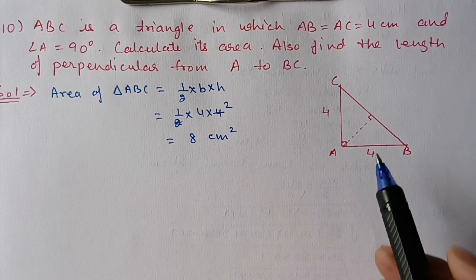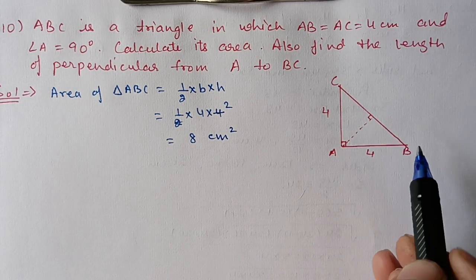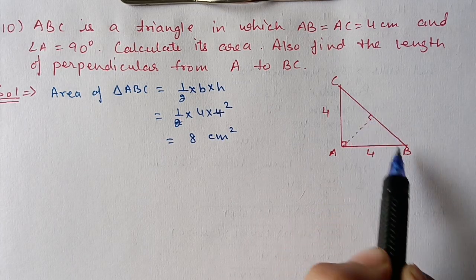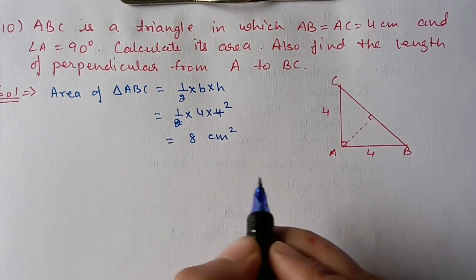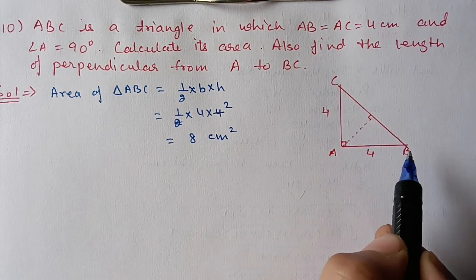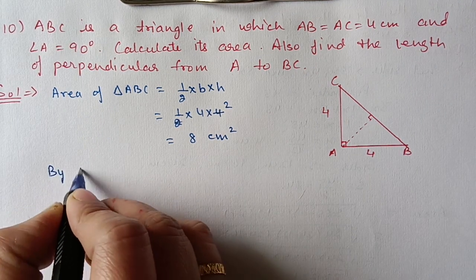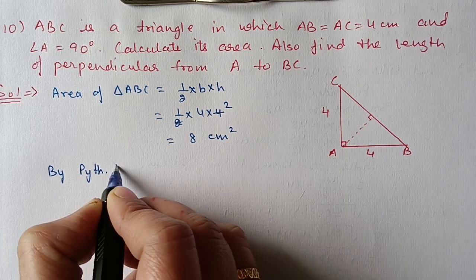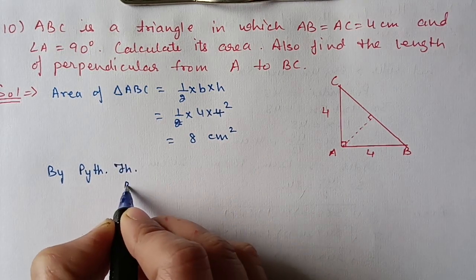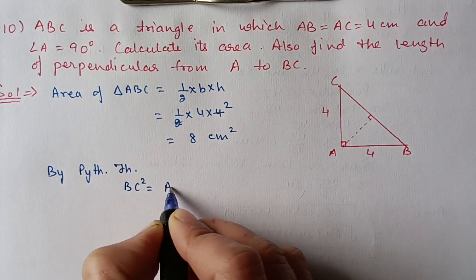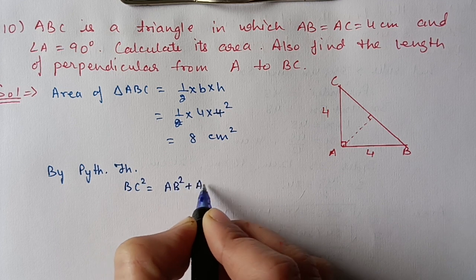Now we have to find the length of this perpendicular. For that we need this third side. Then again we will use the area formula. This third side we can calculate with the help of Pythagoras theorem. So by Pythagoras theorem, BC square is equal to AB square plus AC square.